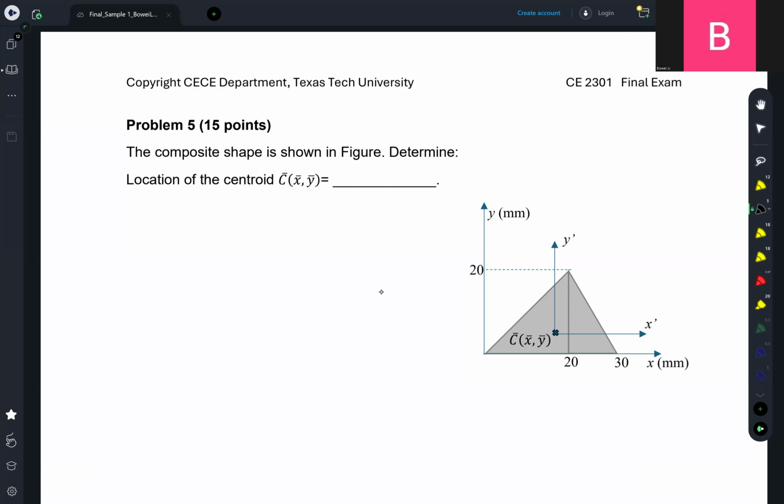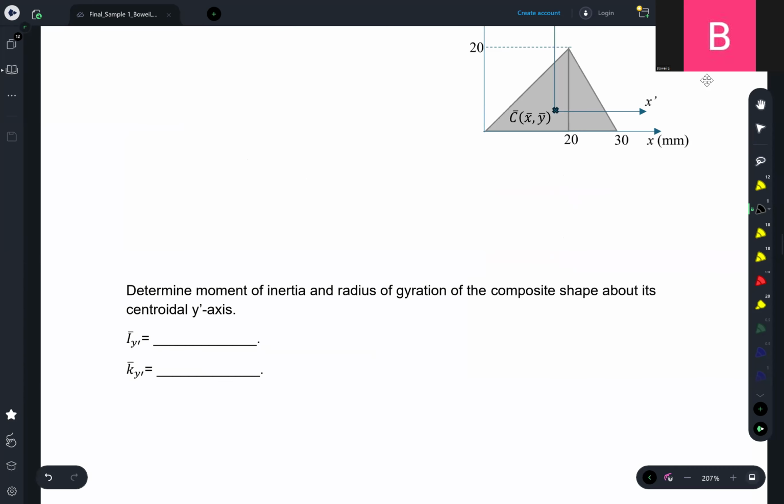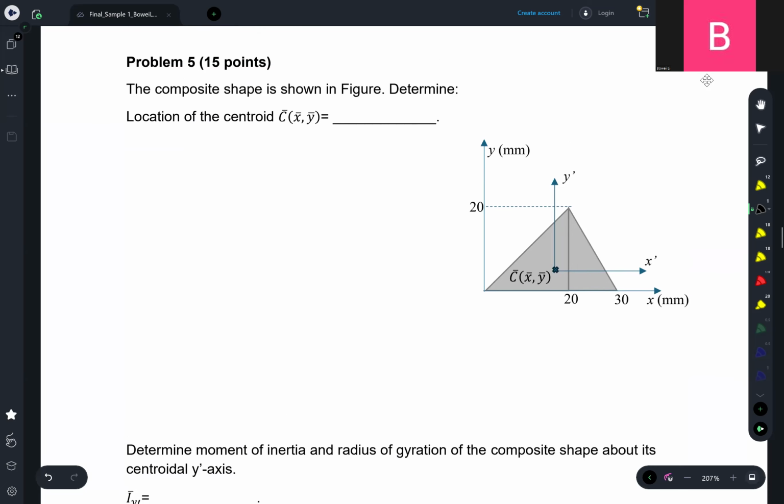So problem five is asking us to find the location of the centroid and the moment of inertia and radius of gyration of the composite shape here.